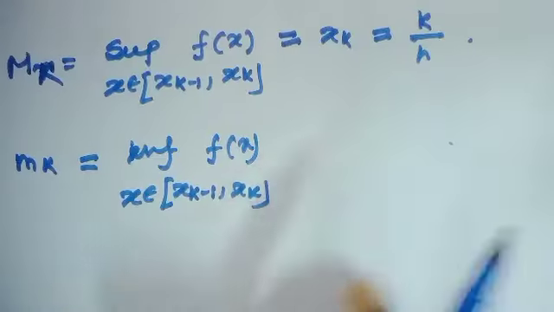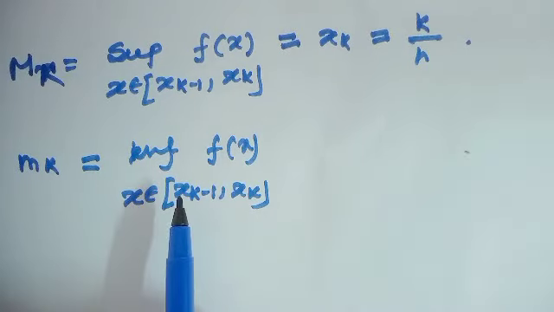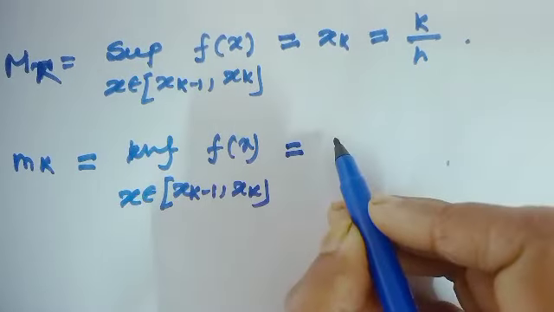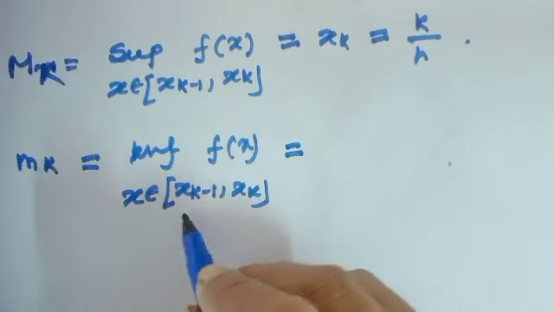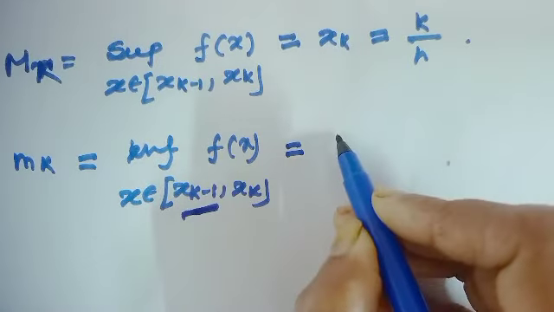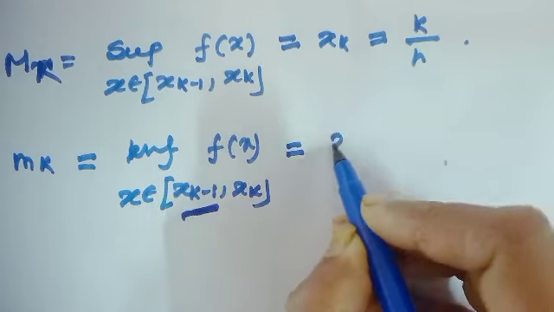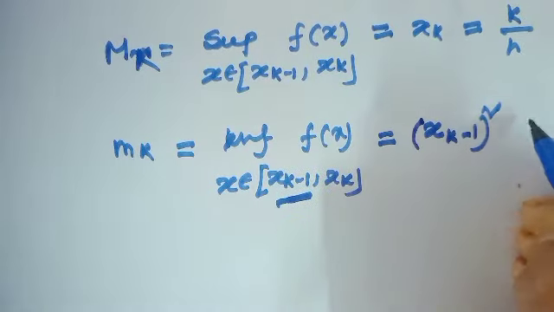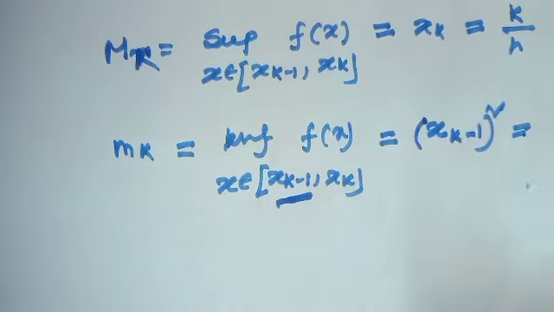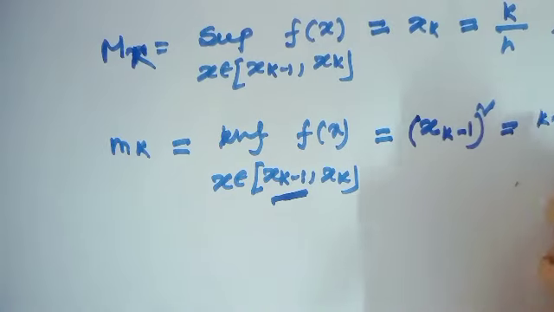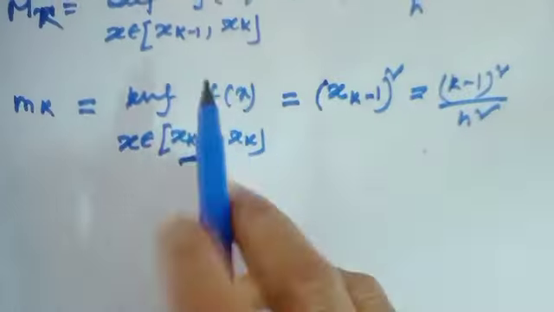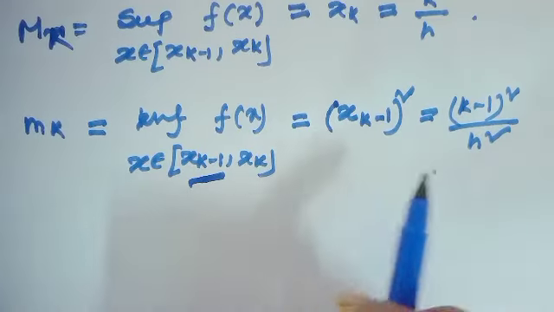That means small mk, the infimum of f of x on xk minus 1 to xk, exists at the point xk minus 1 where the function is x square, so this value would be xk minus 1 whole square, which is equal to (k minus 1) whole square over n square. Are you getting? That means this is the capital Mk and this is the small mk.